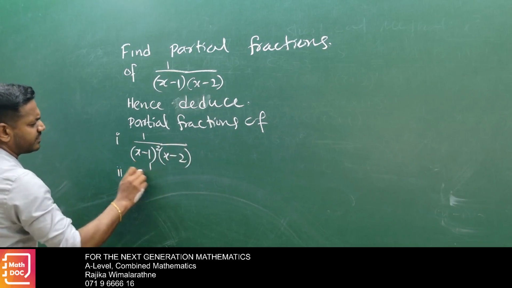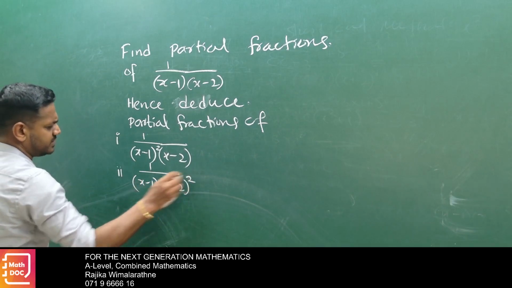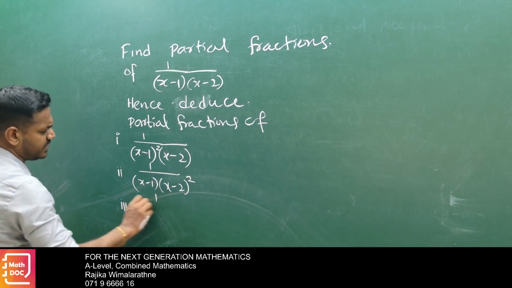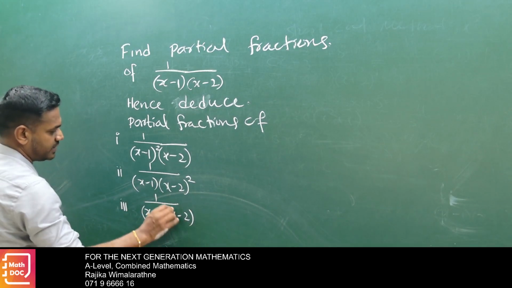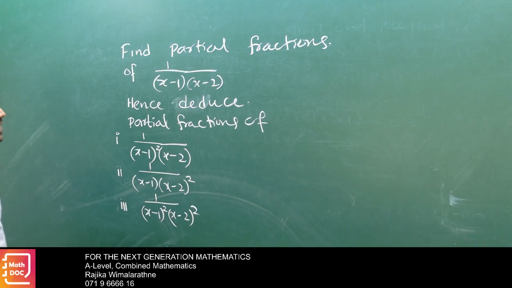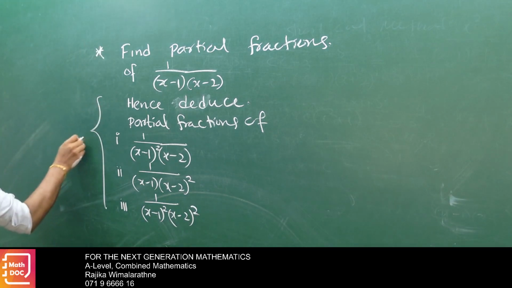Second one, 1 over x minus 1 times x minus 2 square. Third one, 1 over x minus 1 squared times x minus 2 squared. So this is the special part. So here this part is the special one.